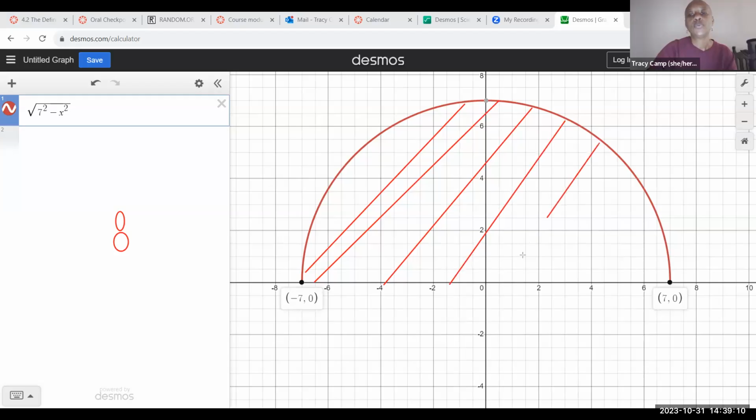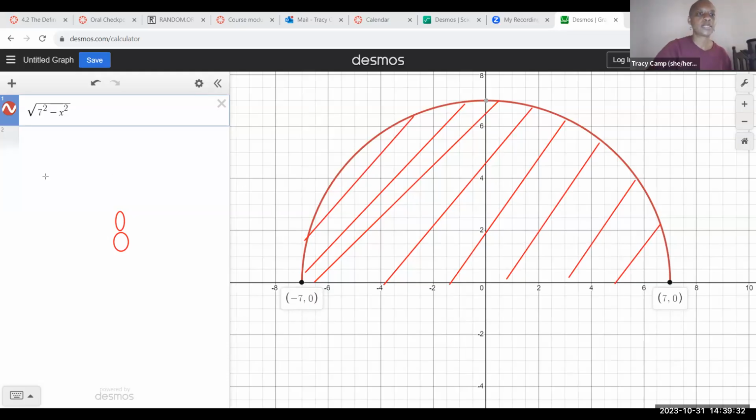And since I know that this is a half circle, I can use the formula that we have for the area of a circle. Area equals pi r squared. So we're going to use that formula. In order to use that formula, I need to know what my r, my radius, is.